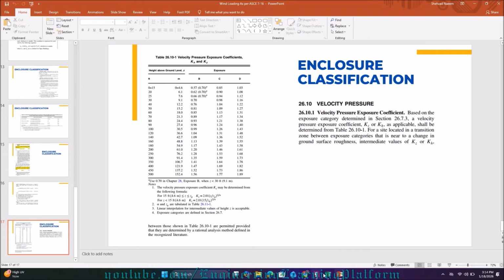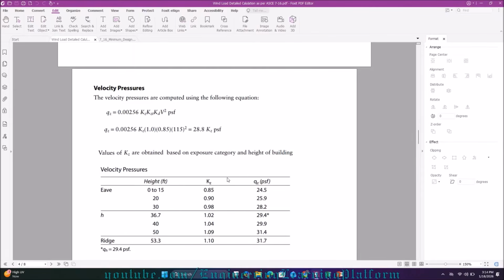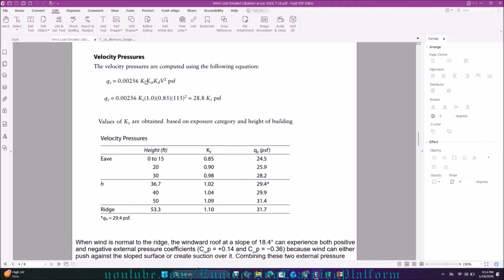Now let's come back to our example. So far we knew about KZT, KD, V. The only thing that was remaining was KZ. And here you can see we have evaluated the expression of QZ, but it is in the form of KZ. Now, as I have shown you, KZ depends on your height, and based on height it has got different values.